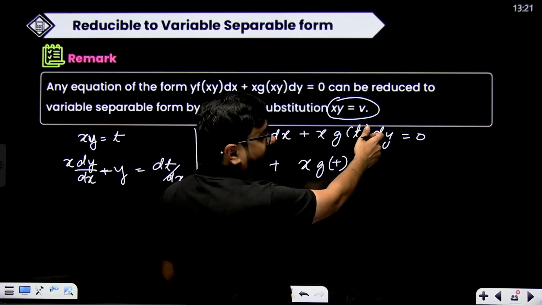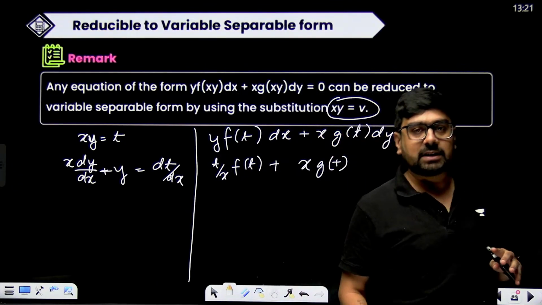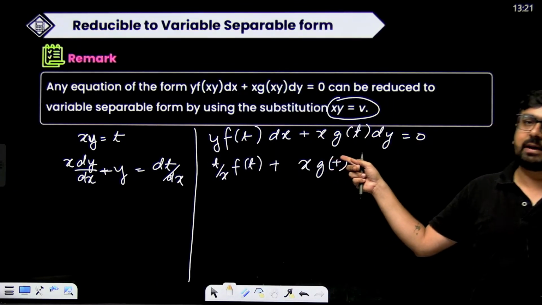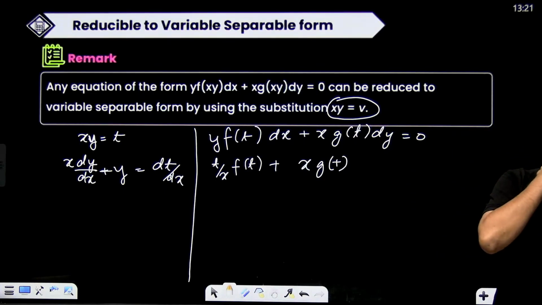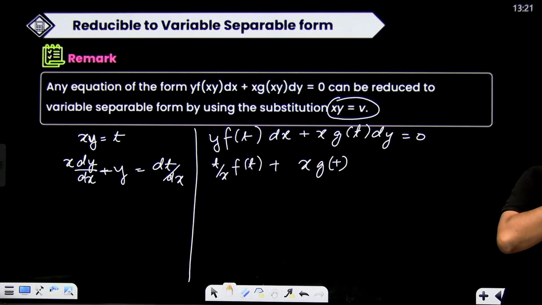We have dy over here, so this will become dt by dx minus y. We can write dt by dx minus y directly.